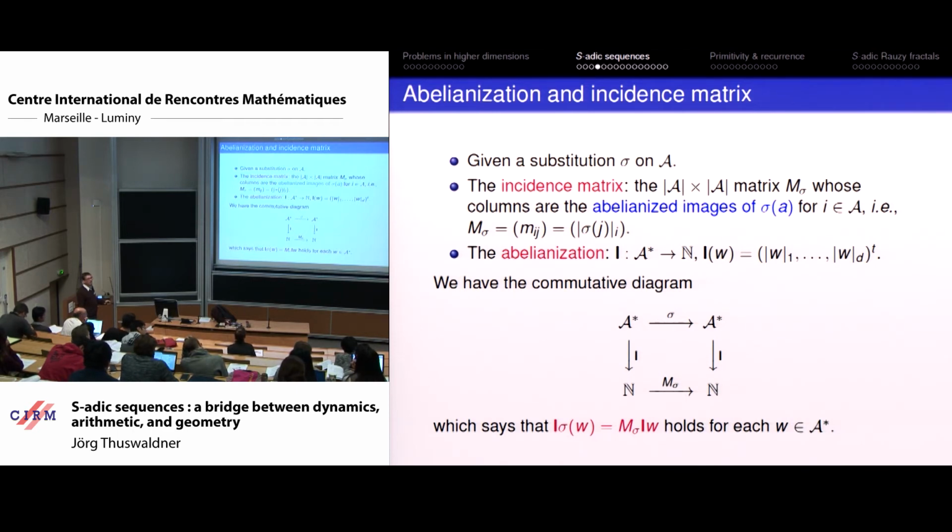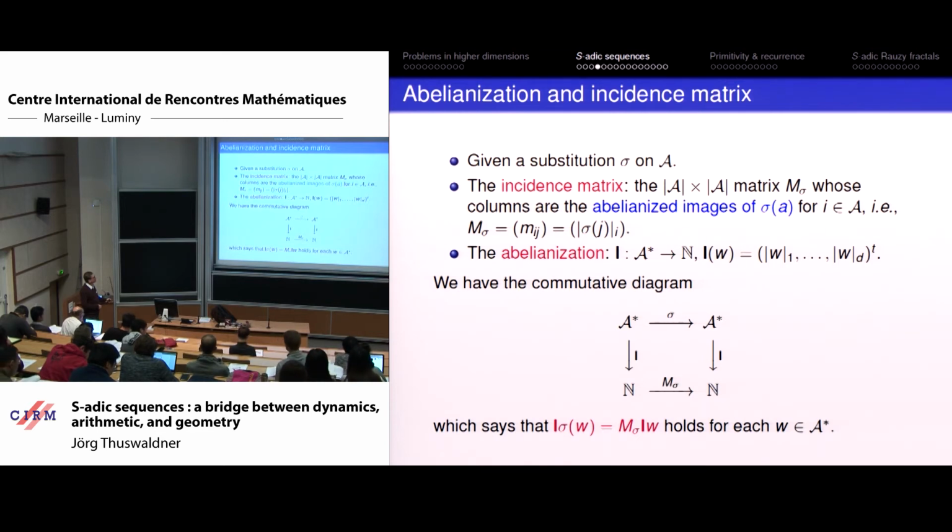First coordinate is the number of ones, second coordinate is the number of twos, and the dth coordinate is the number of these. And so the abelianization of the images of letters of a substitution defines this incidence matrix, and this is again wrong here. Again, the D is missing here and here, so we are in D-dimensional space.